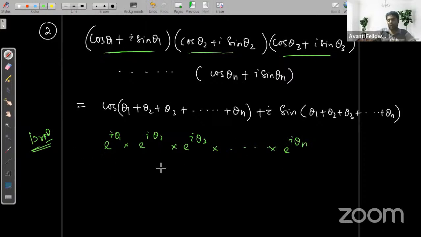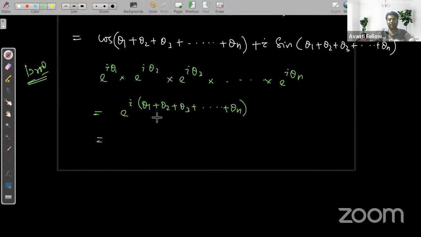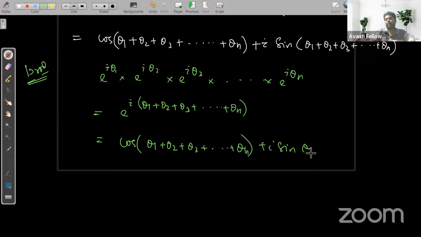So if you multiply all these exponential terms, you get e^(i(θ1 + θ2 + θ3 + ... + θn)). If you use Euler's identity, now this will be cos(θ1 + θ2 + ... + θn) + i sin(θ1 + θ2 + ... + θn).